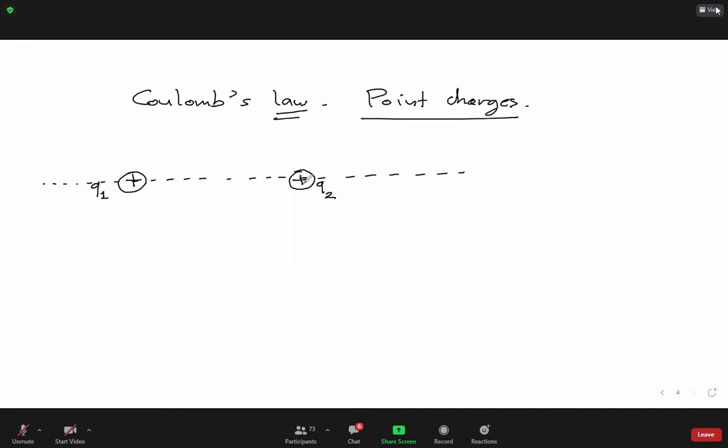There is a charge, there's another charge. There's going to be an electric force, sometimes also called the Coulomb force, known as the electric or Coulomb force. Right.